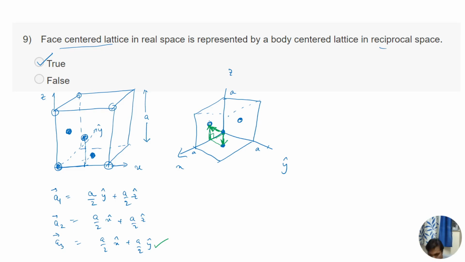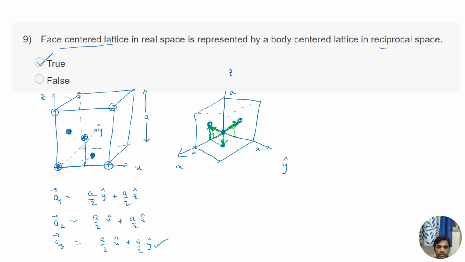And this one will be a by 2 y cap. So this is a by 2 distance along y cap and a by 2 distance along z cap. So this vector is your third vector. From one corner we are going to three face centers.